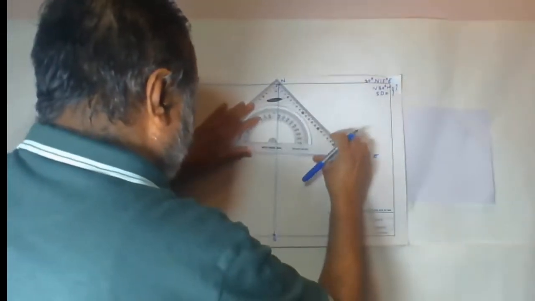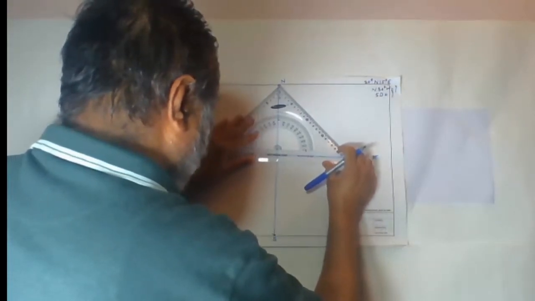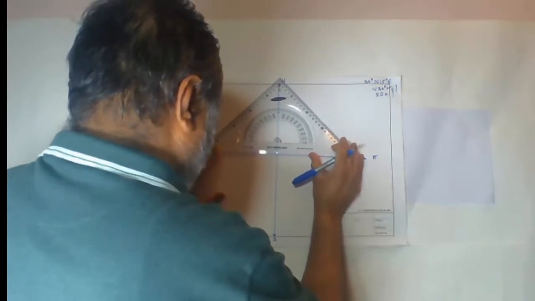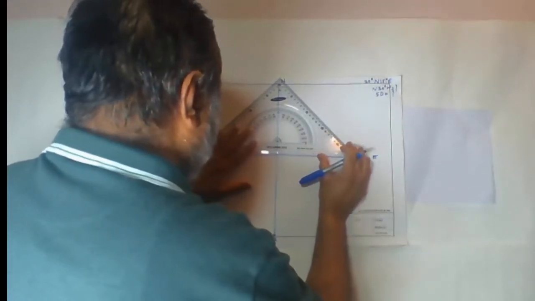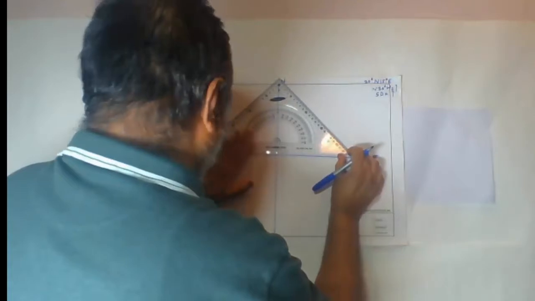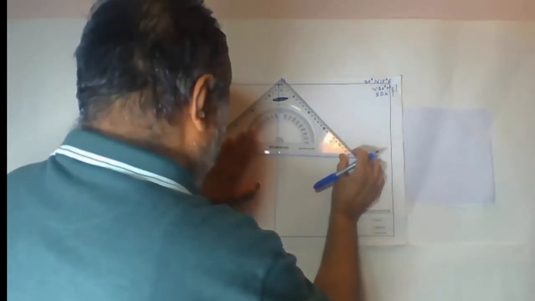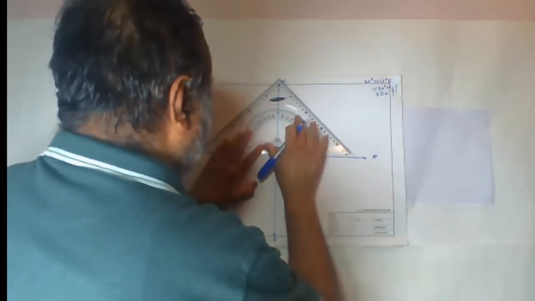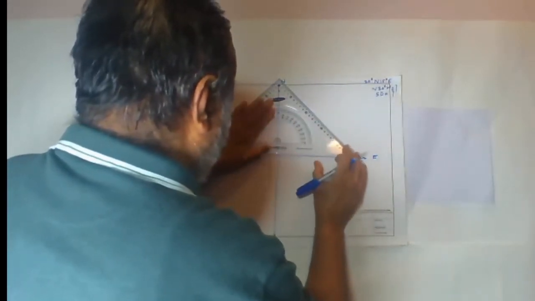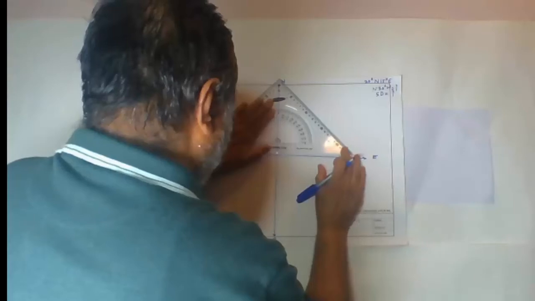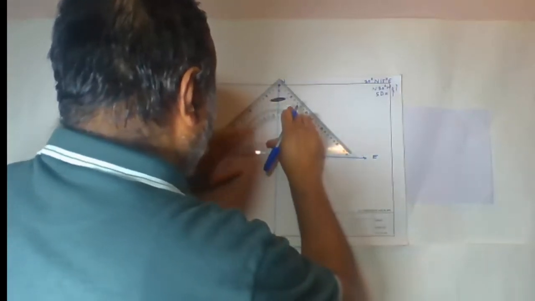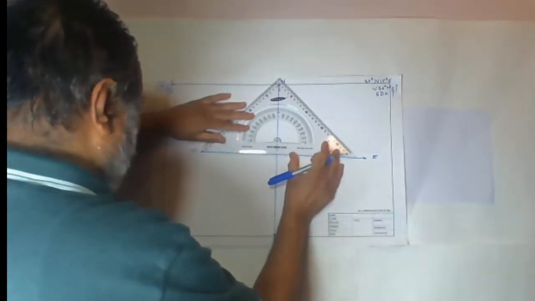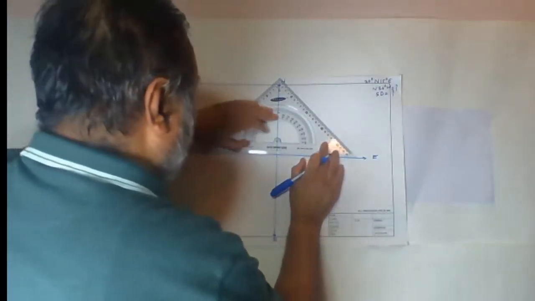So keep this protractor parallel to this line. Maintain north properly; if you make a slight mistake, you are not going to get the correct answer. The line can be seen through the transparent protractor.